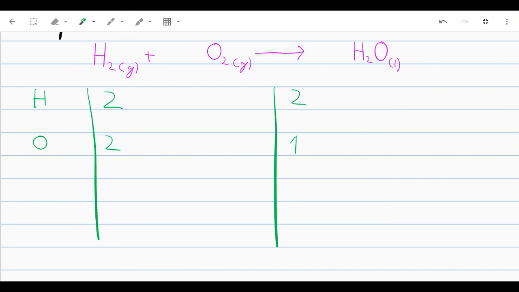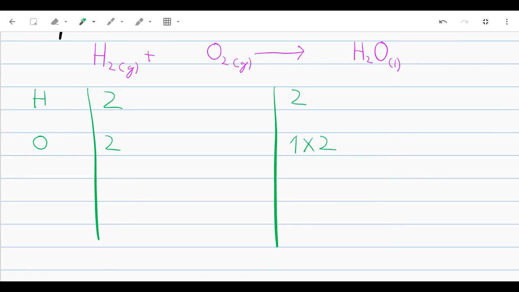So I'm going to start the back and forth of balancing this reaction. I see that my oxygens are unbalanced. I have 2 in the reactant side, but I only have 1 on the product side. I can only ever increase chemicals when I'm balancing.